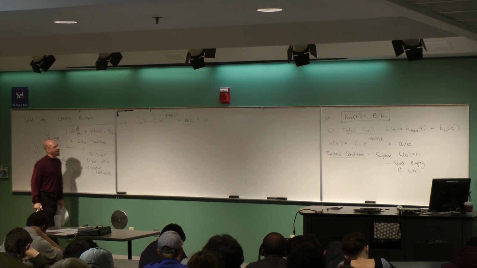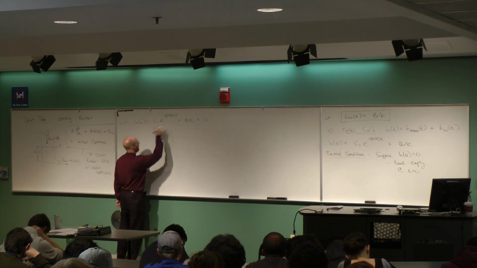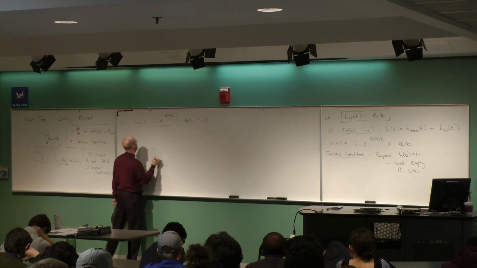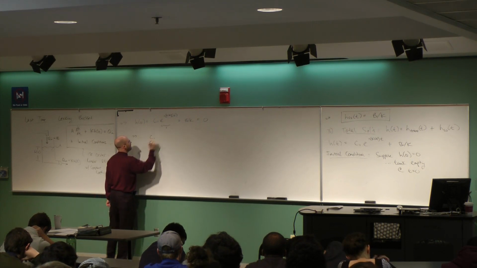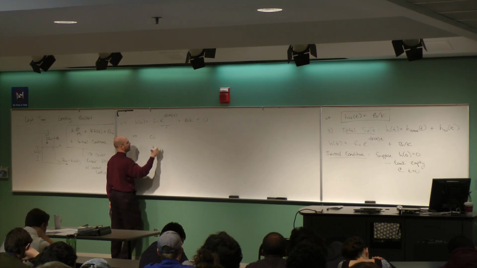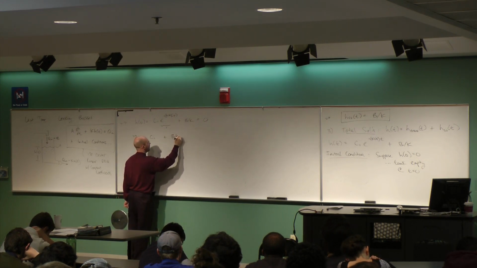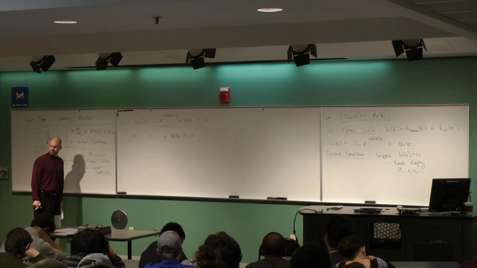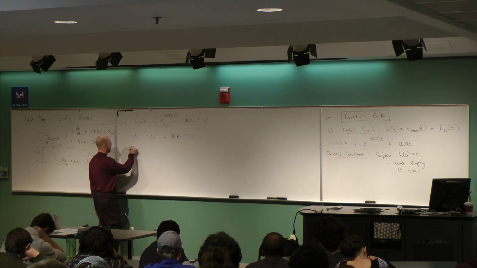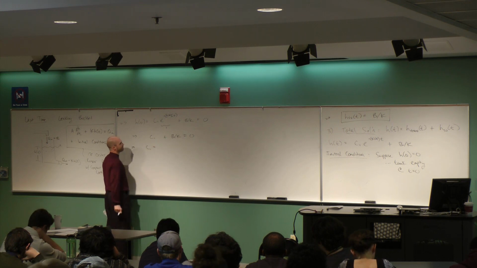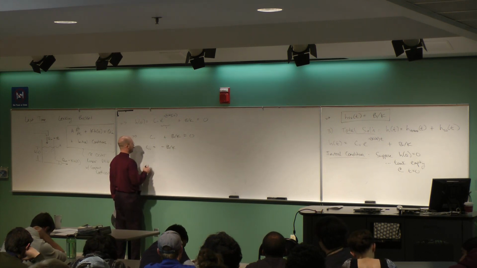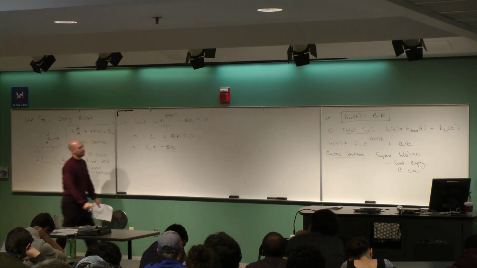What is e to the 0? This guy is 1. So the conclusion is that C1 times 1, plus B divided by K equals 0. What am I trying to solve for? C1. So C1 would be what? Negative B divided by K. That's the answer for C1.